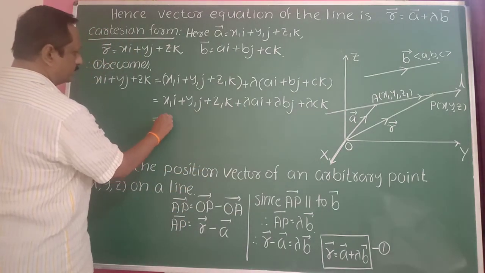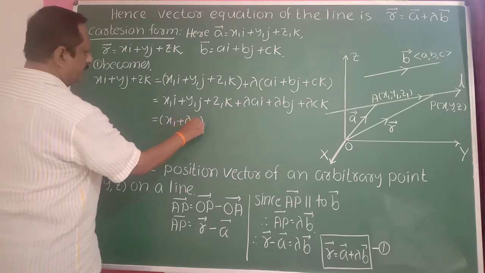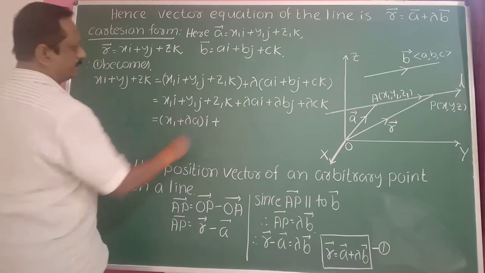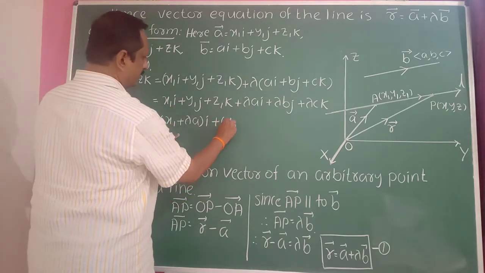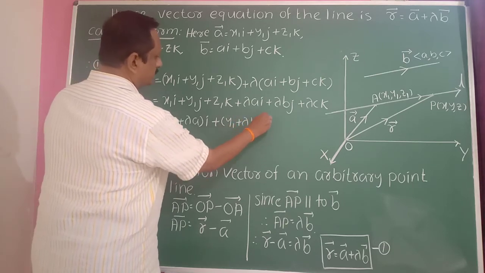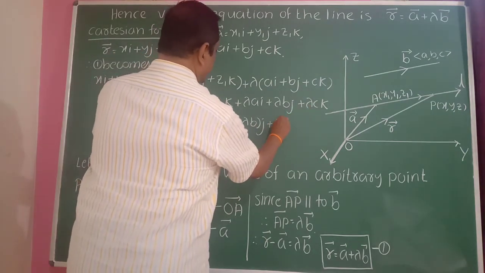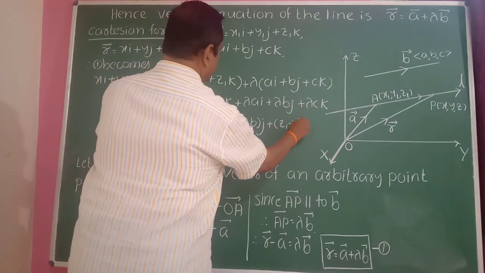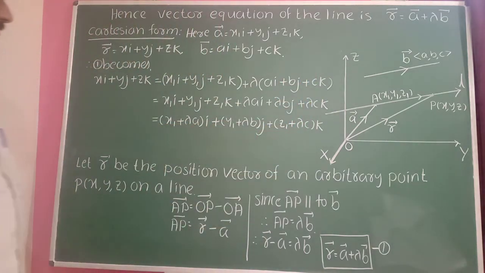From these terms, i is the common factor, so this is equal to (x1 plus lambda a) i plus, j is common factor, (y1 plus lambda b) j plus, and k is a common factor, (z1 plus lambda c) k.